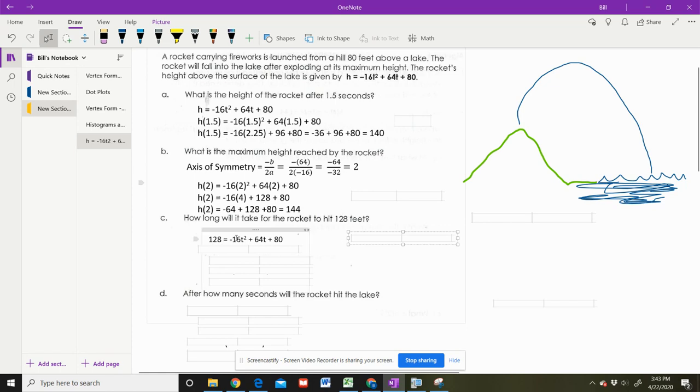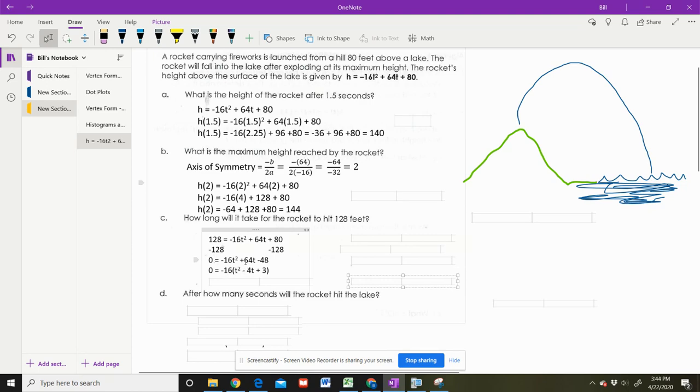And again, this was covered in that last video, but I just wanted to do another one just to make sure we got it. I'm going to subtract 128 from both sides. I end up with negative 16t squared plus 64t minus 48. We're going to pull out our greatest common factor, so we pull out negative 16.